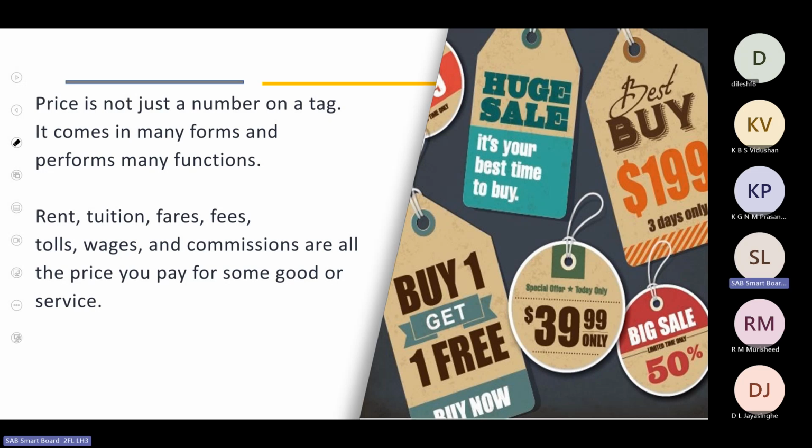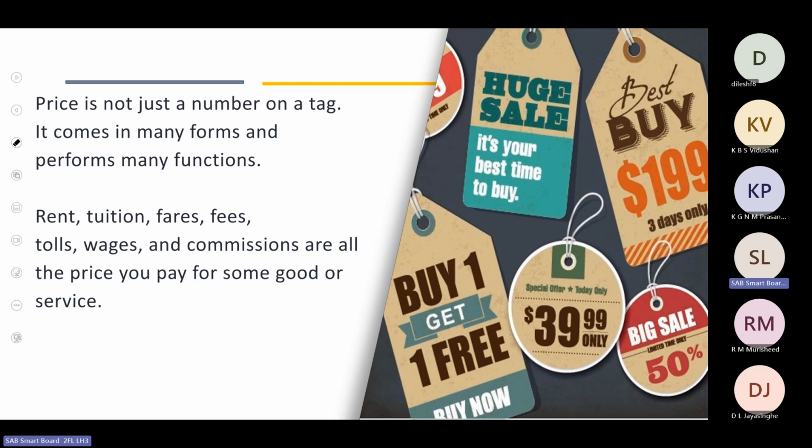Then the price is not just a number on a tag. It comes in many forms and performs many functions. As I told you, the price is not something which we see only on price labels or price tags. Apart from that, we might be seeing price as rent, tuition fee, fares, tolls, wages, and commissions.